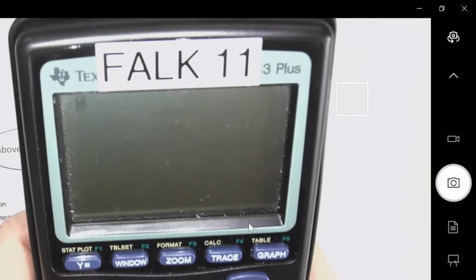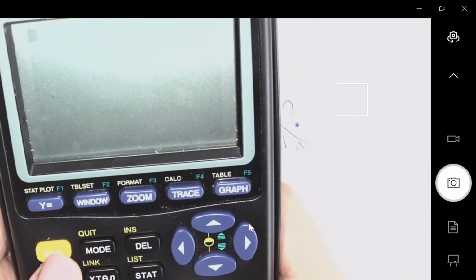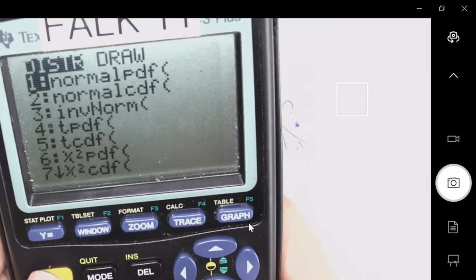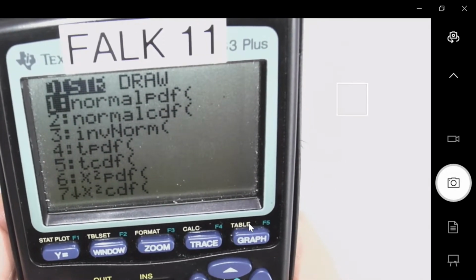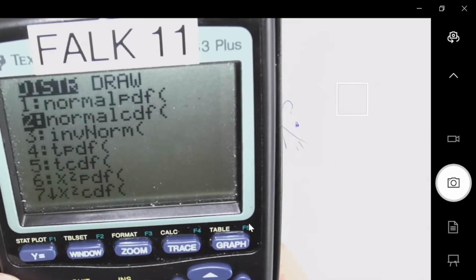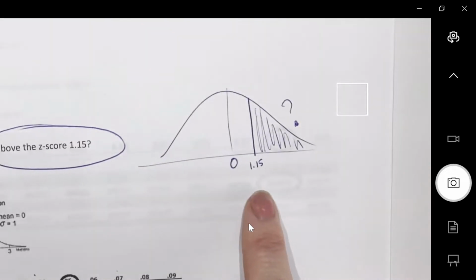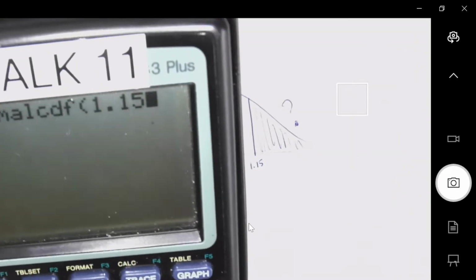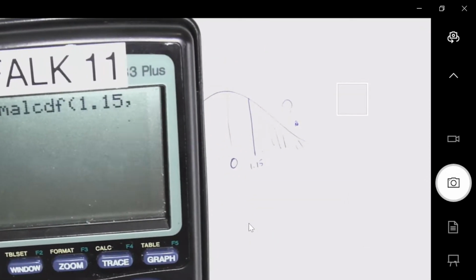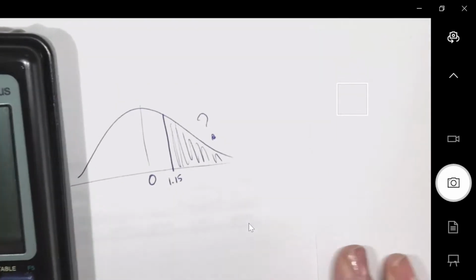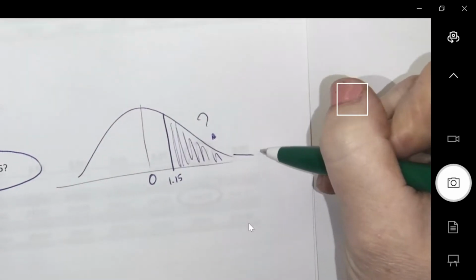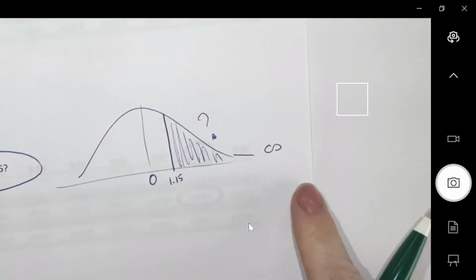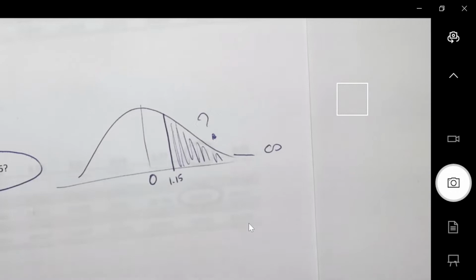Okay, so here's my buttons. Distribution. Number 2, the normal CDF. Okay, what's the left? What's the most left I am? 1.15. To what am I doing to the right? How much right am I going? I'm going to infinity. It's all above.